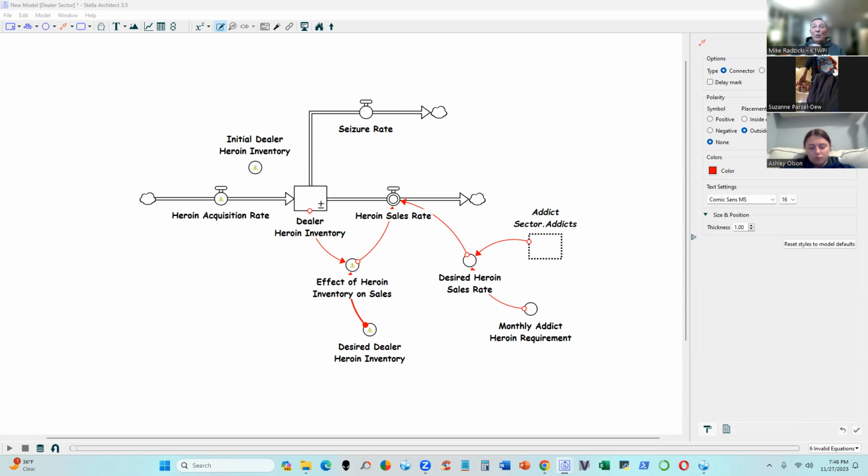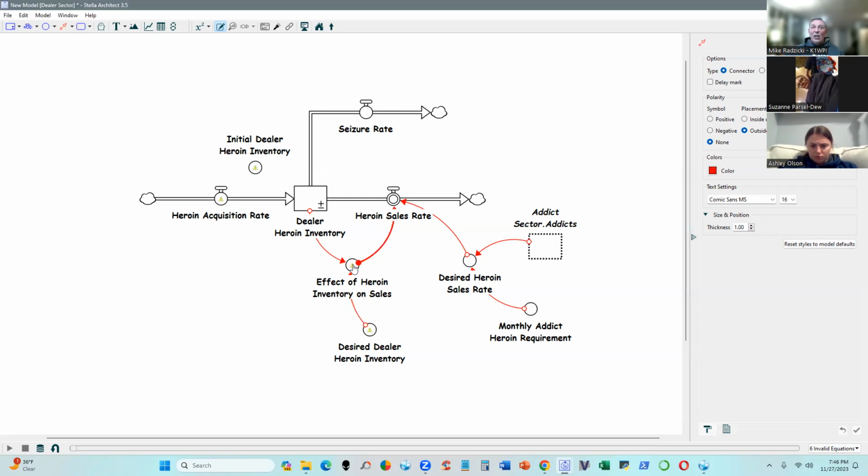When you're managing inventory, you typically have some idea about how much of whatever you're selling you want on hand. And when you don't have a lot on hand, you start to get antsy, like, I might run out, right? So there's some kind of desired level of heroin inventory. When you play the beer game, there's a desired amount of beer in your inventory box in front of yourself.